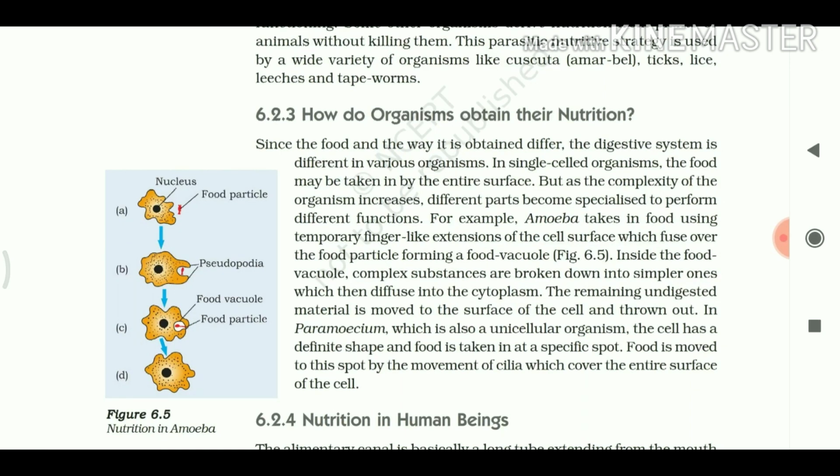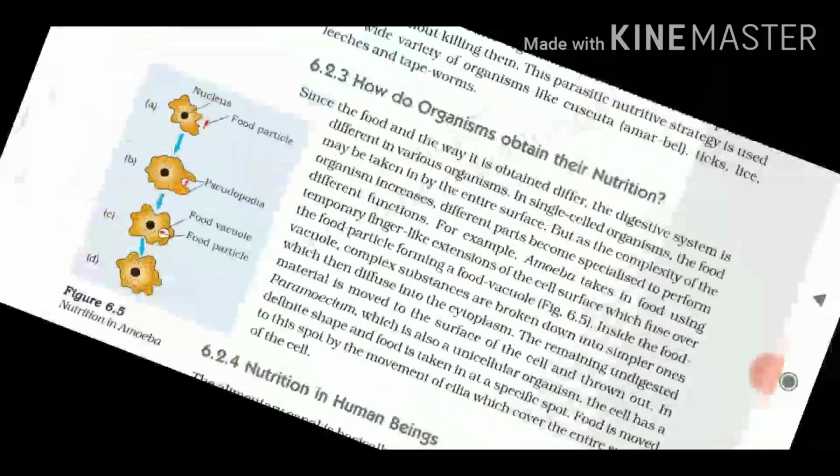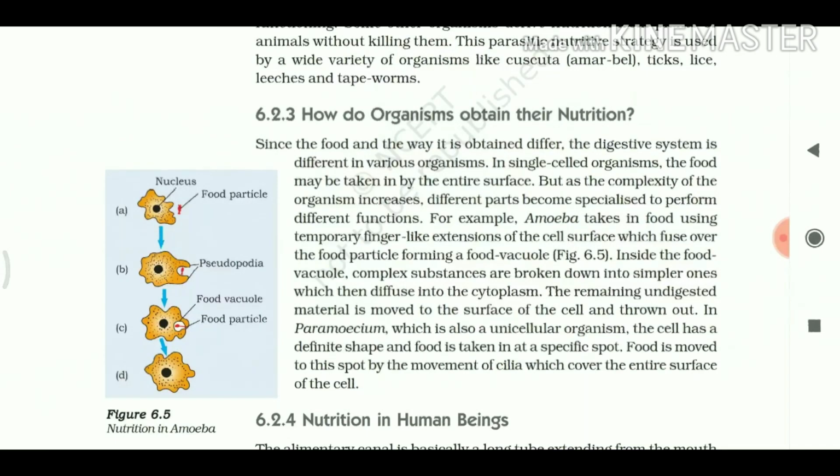Now the second step is digestion, the breakdown of that food particle. This process is called digestion. Ingestion, then digestion. In our body, digestion happens in the stomach, small intestine, large intestine, etc. We take food through the mouth, that is ingestion. Then digestion, in which the food particles break down into their simpler form.